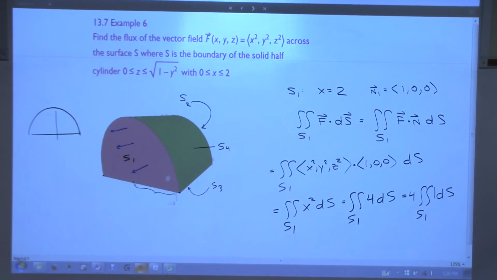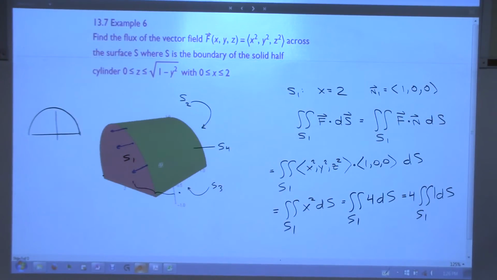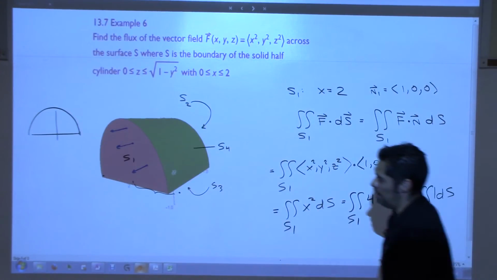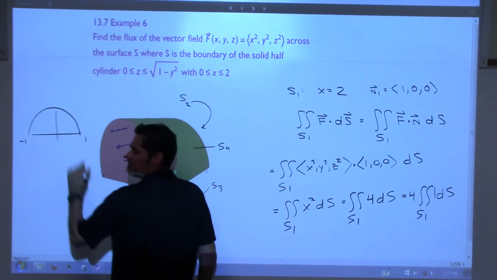I could turn it. I'm going to mess up all my stuff, though. Turn it that way. You can kind of see it that way a little bit. Yes? Okay. All right, so negative 1, 1, and that's my y value. But it doesn't matter.